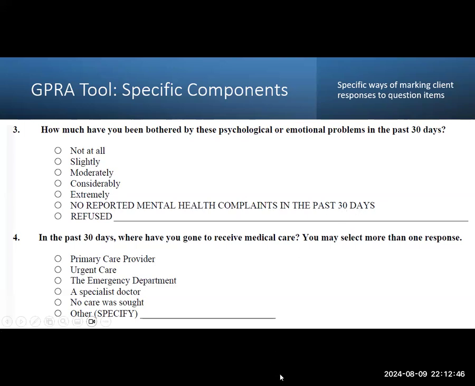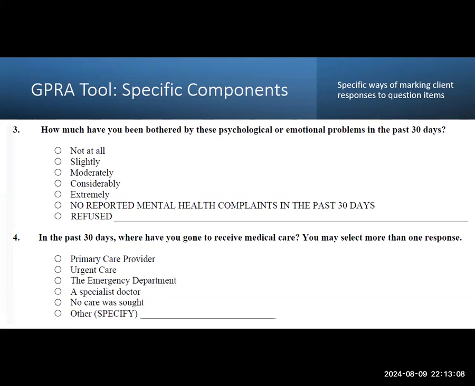If the client refuses to answer a question, mark refused on the tool where available, such as in question 3 here. For items where the response options are read to the client, don't offer refused as a response option, meaning you shouldn't read the refused out loud. This option should be client generated only.